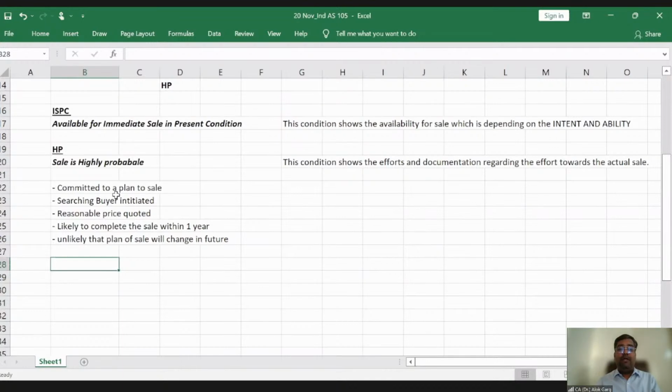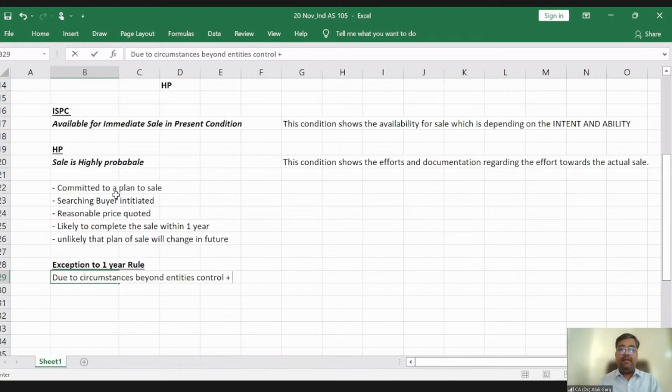And what is the exception to the 1 year rule? So due to circumstances beyond the entity's control, plus firm purchase commitment.